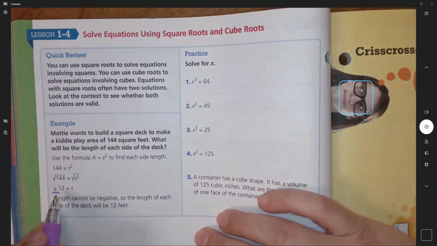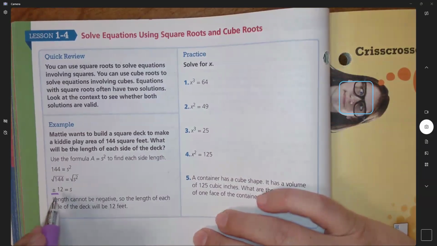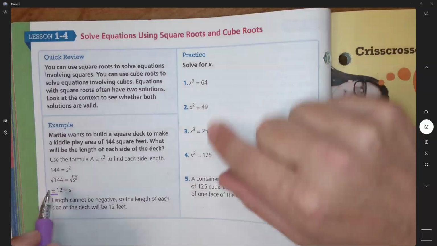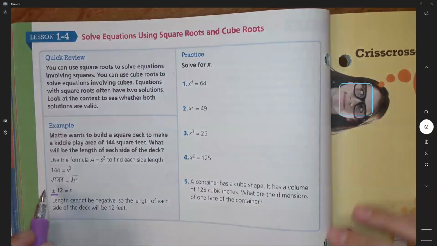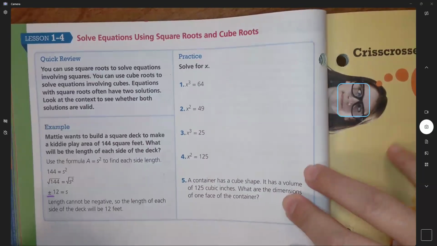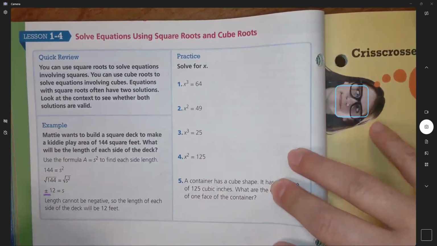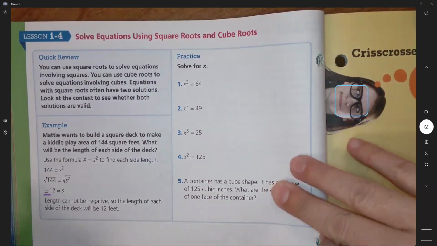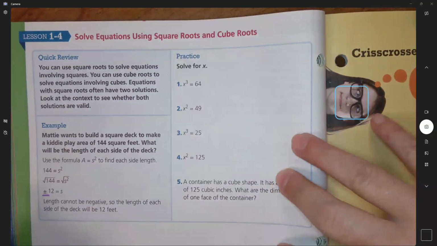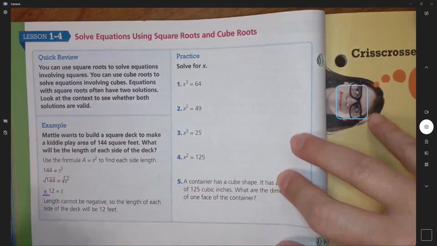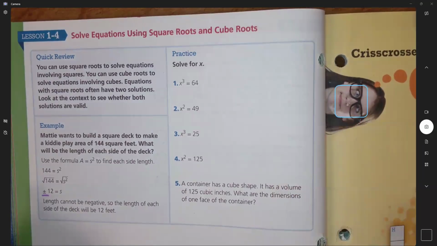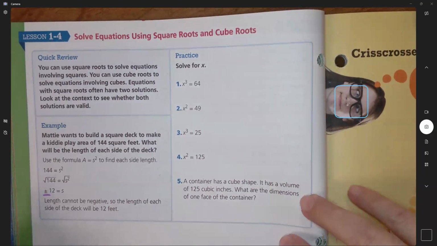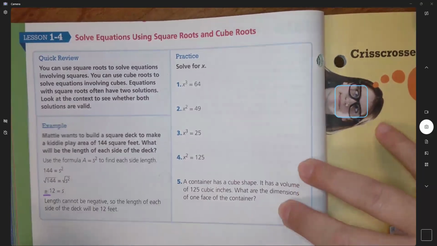So, just saying, we can still use our cube root chart that we made on the other side. And remember, if it's not a perfect cube or a perfect square, as long as you isolate, don't go crazy, you just leave the radical on the other side.